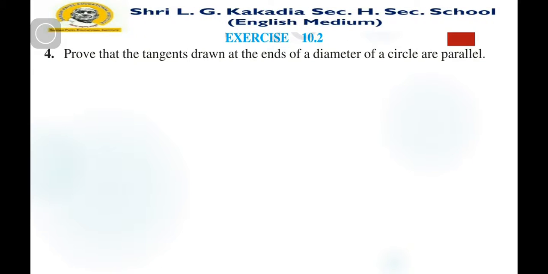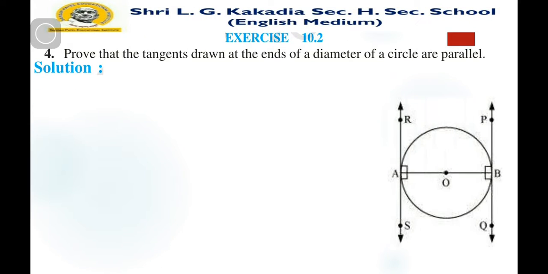First, consider the figure. As you can see here, given diameter AB, at the ends of this diameter there are two tangents drawn, PQ and RS.